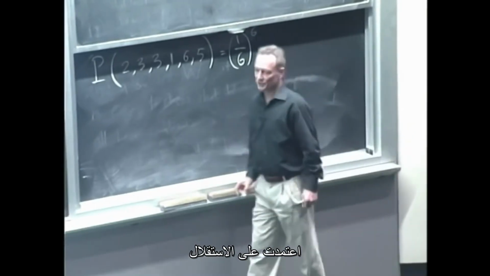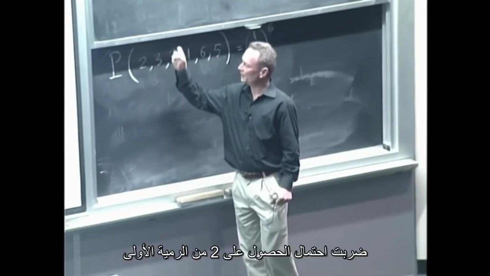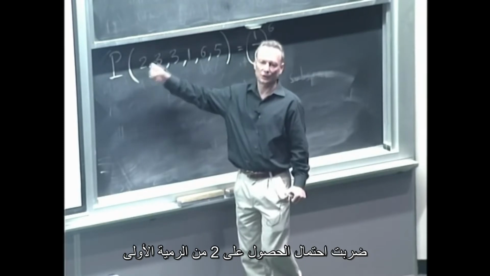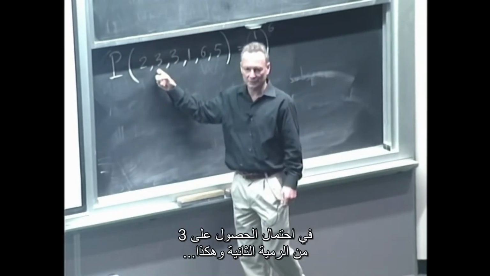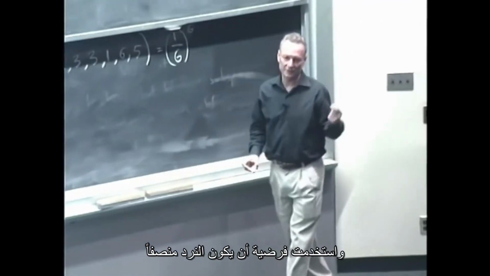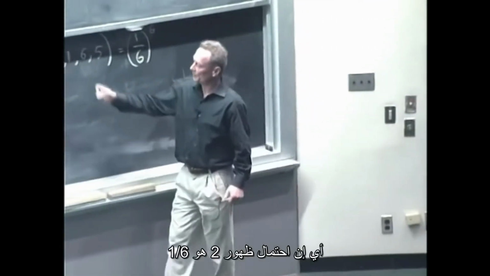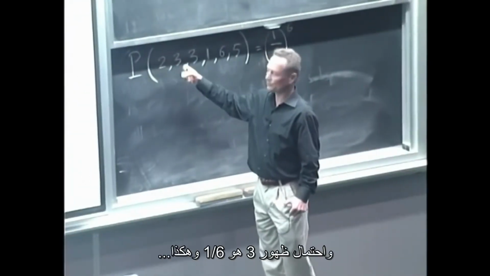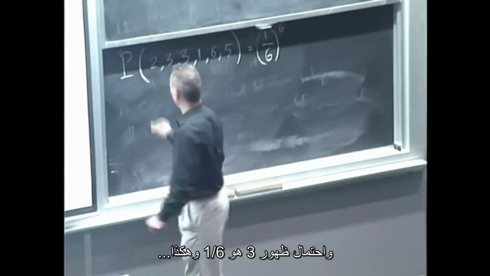What did I use to come up with this answer? I used independence, so I multiplied the probability that the first roll gives me a 2 times the probability that the second roll gives me a 3, and so on. And then I used the assumption that the die is fair, so that the probability of a 2 is 1/6, the probability of a 3 is 1/6, and so on.